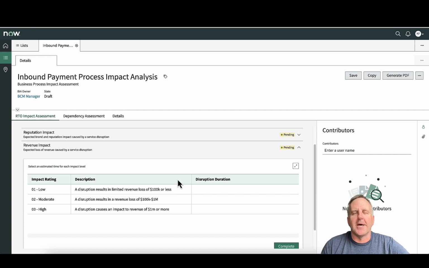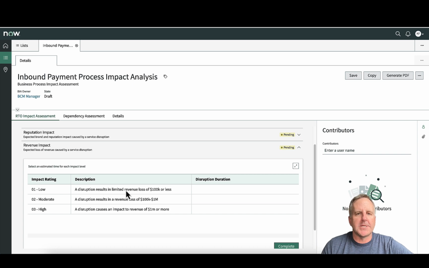You have to quantify that. But the disruption duration is really about over time, as this disruption is still occurring, what kind of impact are you having? Okay. And at what point does that impact happen over that timeline? So for instance, I have some impact ratings defined here of low, moderate, and high.